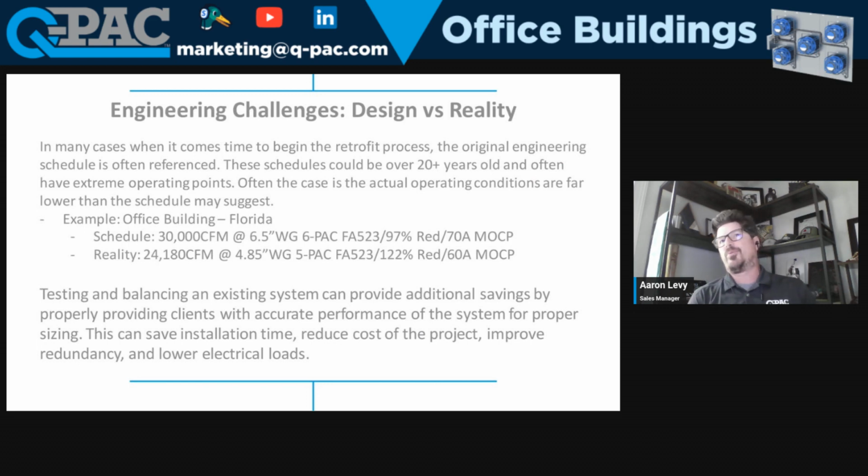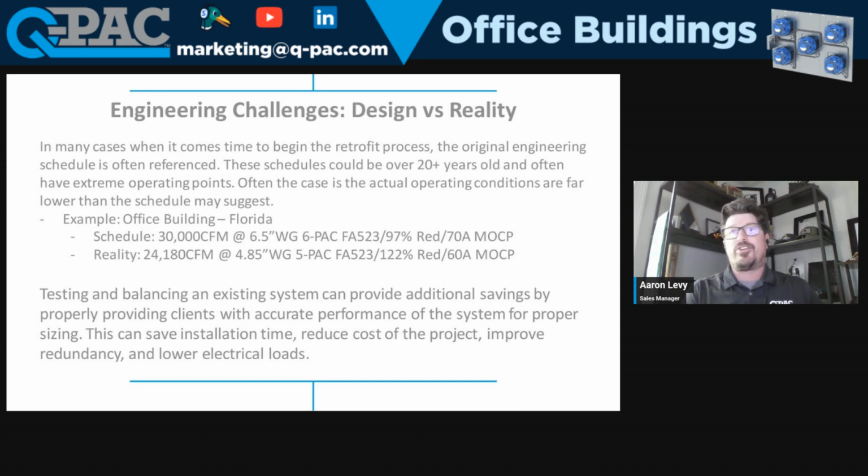One of the things that a lot of us face on the building side is the engineering challenges between what was designed on a system and what the actual reality of the system is. A lot of the systems were designed 10, 15, 20 years ago on a piece of paper.